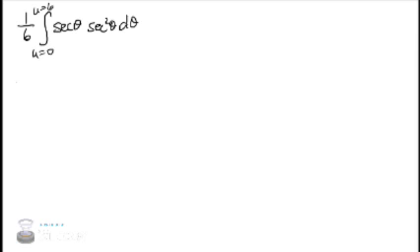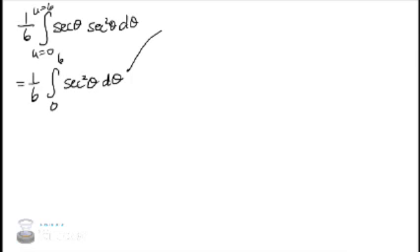So what you get here is 1/6 the integral from 0 to 6 of secant cubed theta d theta. The infamous secant cubed problem. I'm not going to work through integrating secant cubed. I'm actually going to refer you to Parametric JMT's video.